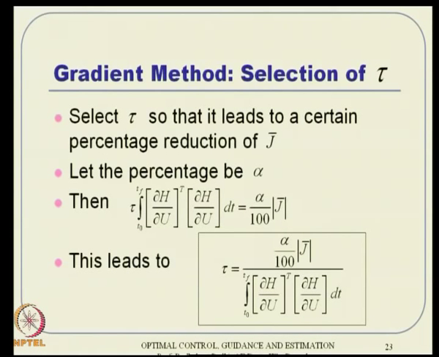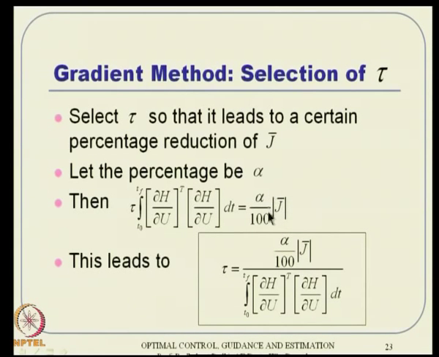Now the question is, how do you select this tau factor? Somebody can select it arbitrarily, or select 1 initially and a small value later; that is also possible. But one way of doing it is to assume that at every iteration J bar should reduce by some percentage alpha. I will select a tau in such a way that it results in that. I have a J bar value computed already before.